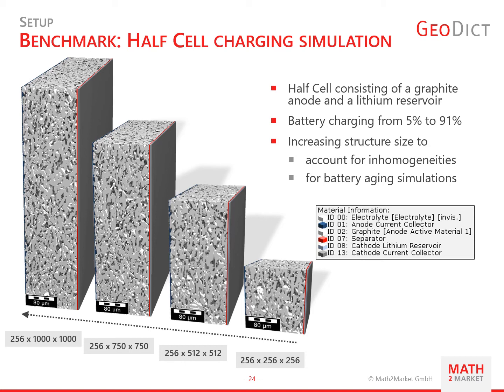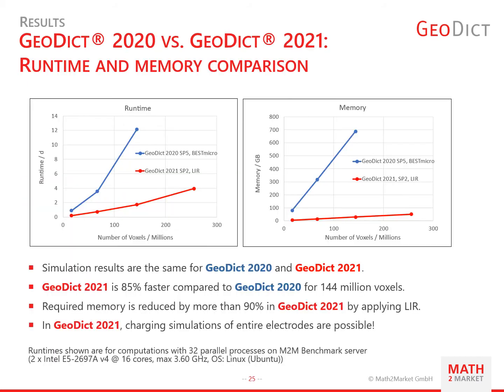But to give you a good estimate, we ran some benchmarking charging simulations for different structure sizes, ranging from 256 cubed to 1000 times 1000 times 256 voxels. We compared the runtimes in GeoDict 2020 and GeoDict 2021.